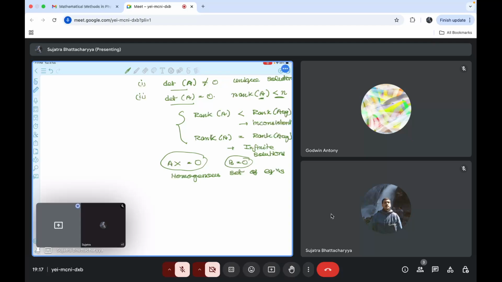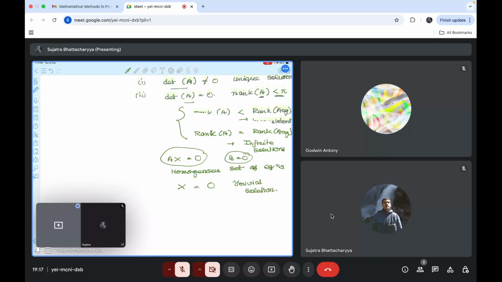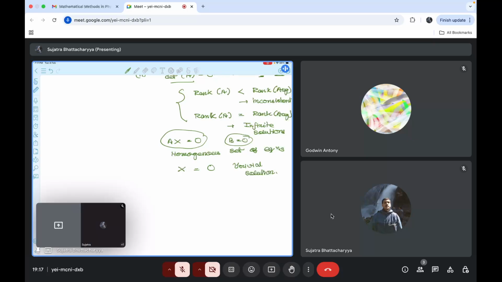In that case, you always can have a trivial solution, that is x is equal to 0. This is a trivial solution. And again, it's the same thing, you have infinitely many solutions when the rank of A is less than N. So all these things are there. You can check the notes also. I'm not going much into the details of this.